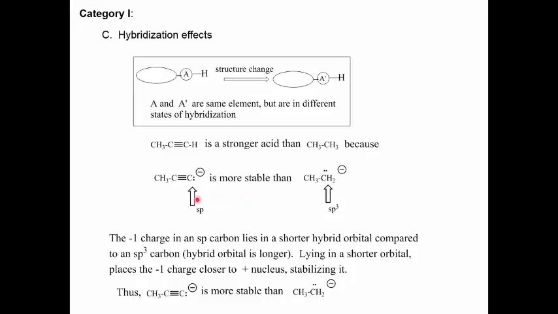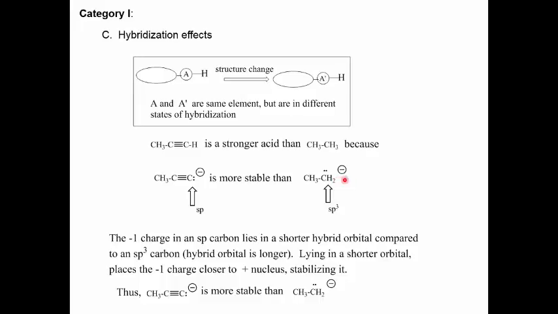Now in the alkyne, the negative charge lies in an sp hybrid orbital. Because the sp hybrid orbital is shorter, the negative charge is closer to the nucleus, and that will make it more stable. In this conjugate base from the alkane, the negative charge is in a longer sp3 hybrid orbital.